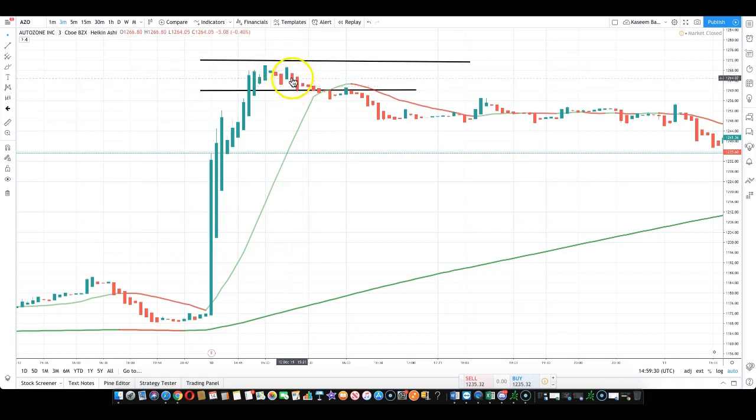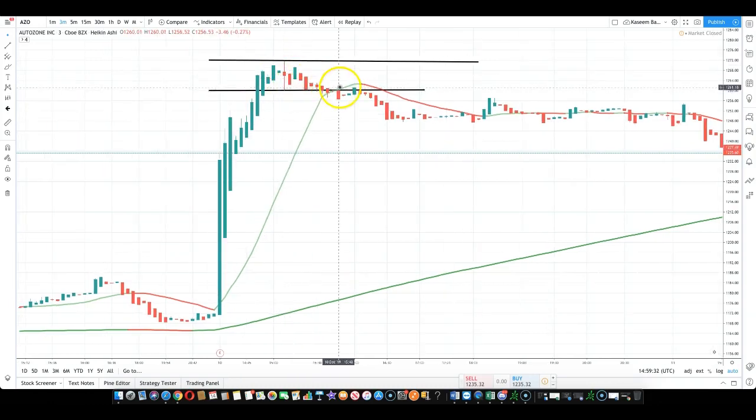But how you would know when to enter would be, for example, this is a perfect example right here. You see, when we were looking at this trade at this point, we had the support right here, we had the resistance right here.